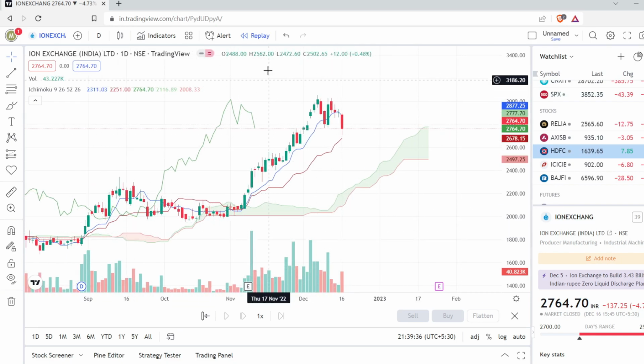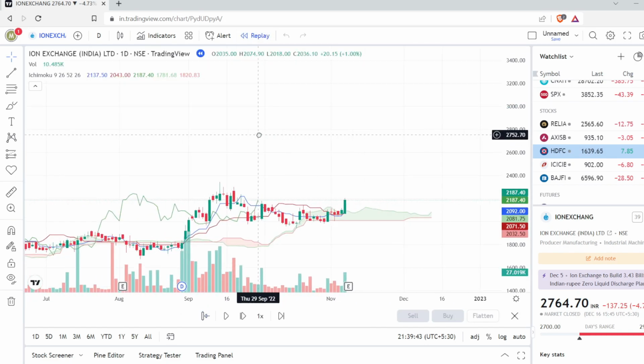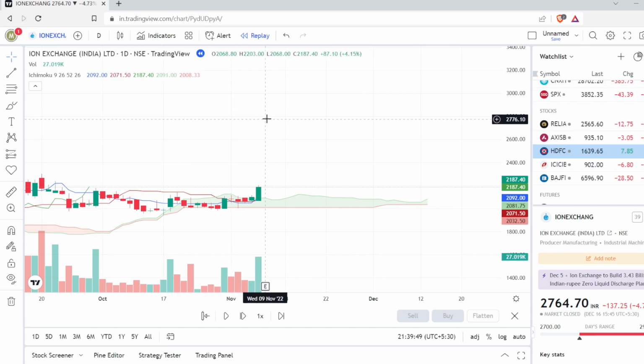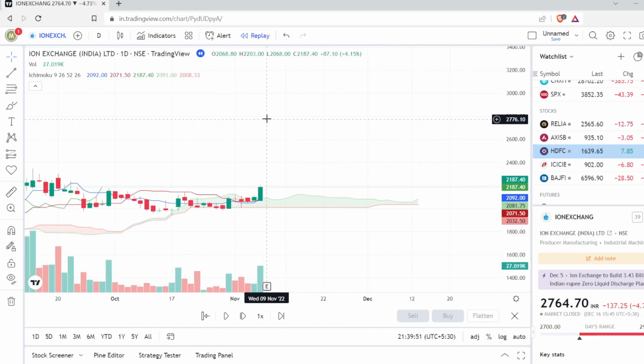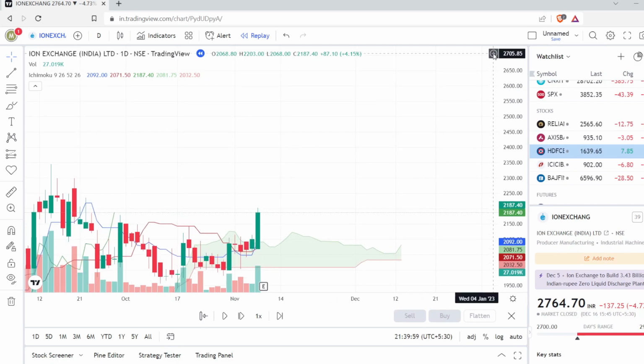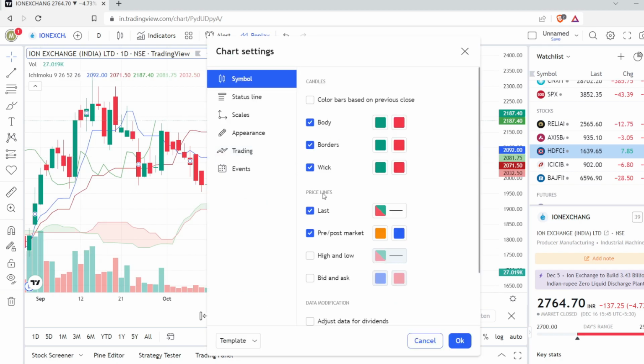It has given a very good breakout, and the Kumo breakout happened on this day. It was on November 7th. On this day, the conversion line was above. As you can see here, the conversion line was above the Kumo line, right? Let me show you. Conversion line was above the Kumo line.